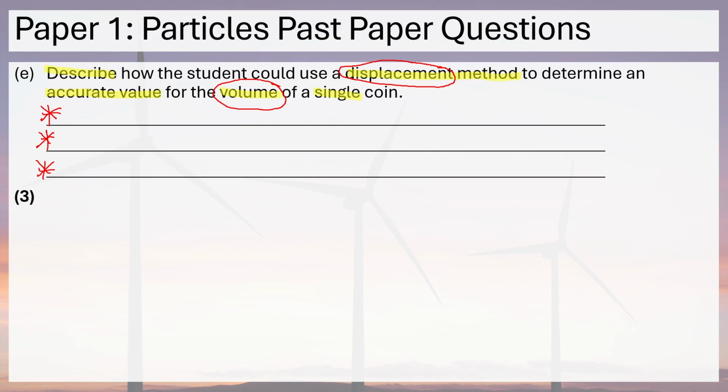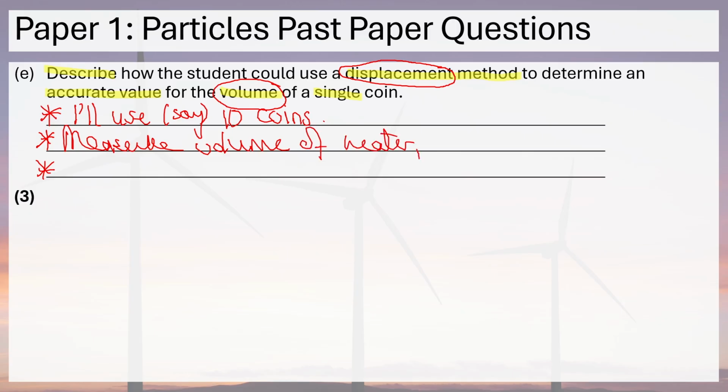So the first one I'm going to do then is say I'll use, and I'm going to pick an arbitrary number, say 10 coins. I'm going to measure the volume of water, then add the coins and measure again.